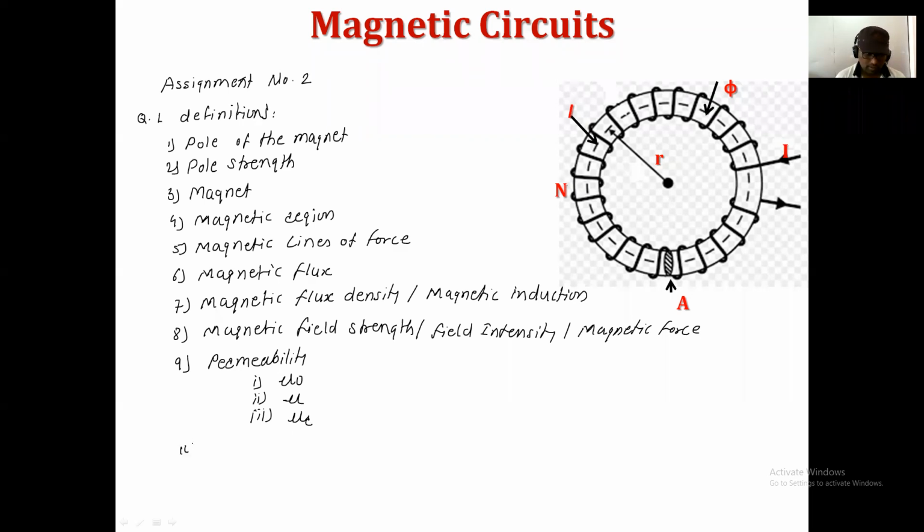Okay, then 10th term, magnetomotive force. Definition लिहिताना full form लिहा. 11 terms, रिलक्टन्स. ओके, मग आता मला वाटतं टोटल 11 डेफिनेशन झालेले आहेत आतापर्यंत. जर एखादी काही राहिली असेल माझ्याकडून चुकून तर ते पण तुम्ही ऍड करा.